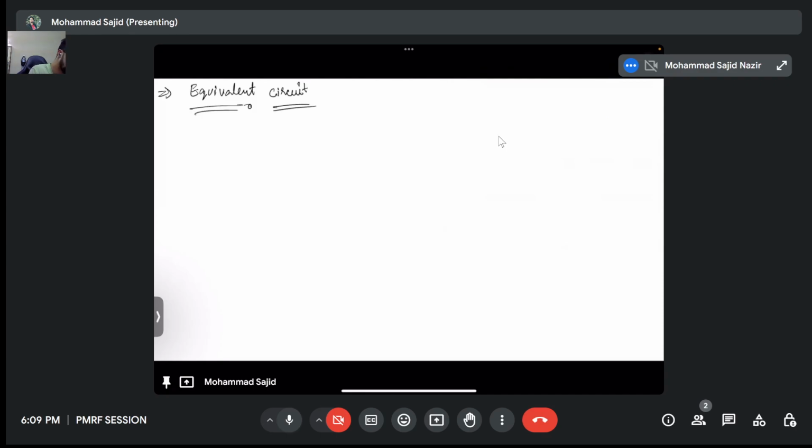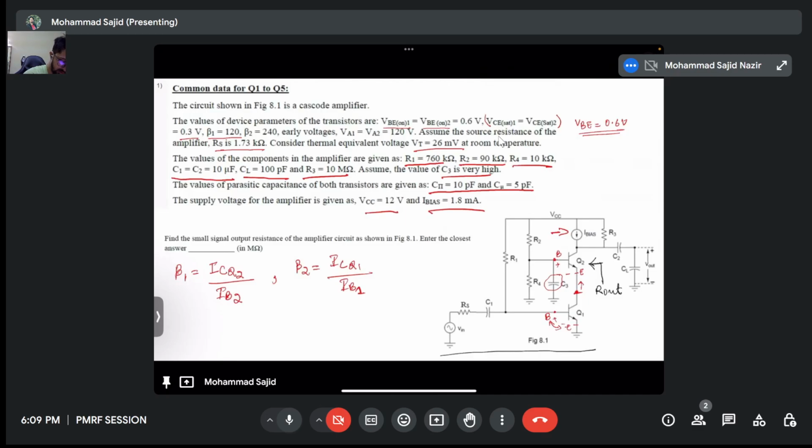Okay, so be careful. We have two transistors. Let me start with Q1. Okay, so we start with Q1. And let's say this terminal has a potential of V1.